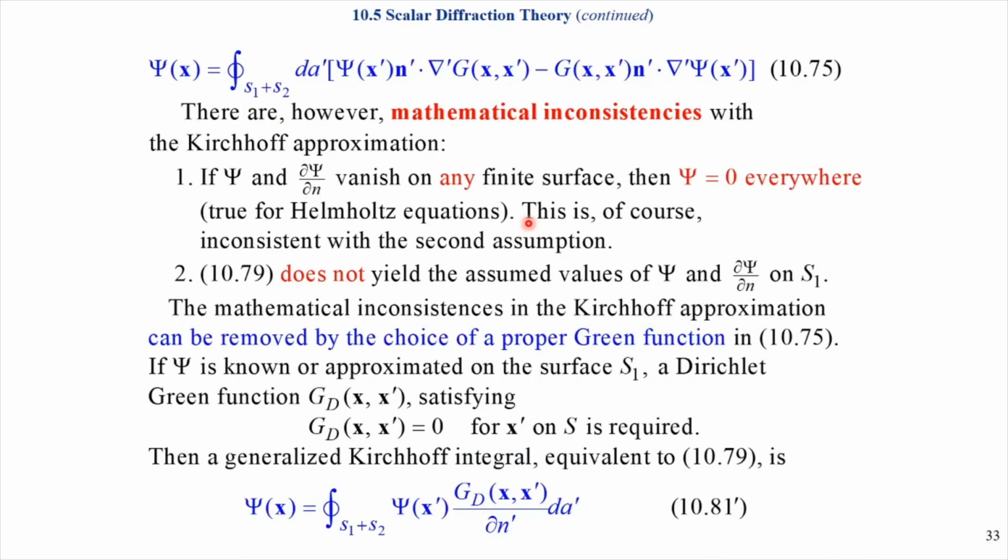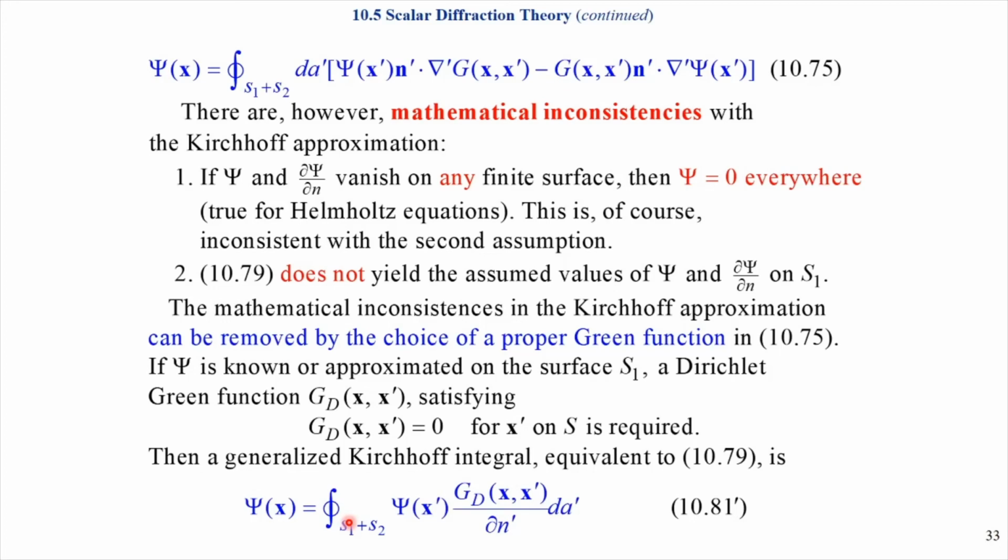It can be removed if phi is known approximately on the surface S1, with the Dirichlet Green function, which is 0 on S1. Then the Kirchhoff integral becomes this one, and we can omit the contribution from S2 and just calculate S1. Everything is good. We can remove the mathematical inconsistency if we choose a proper Green function.